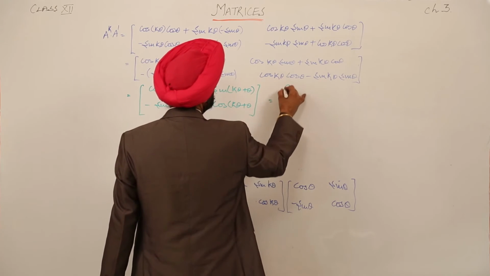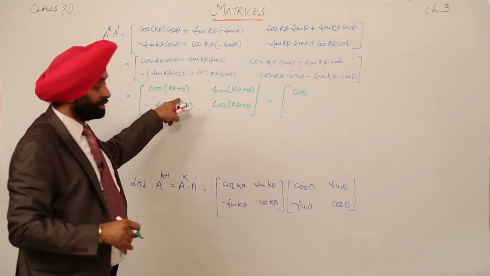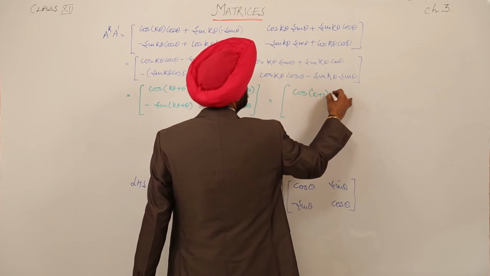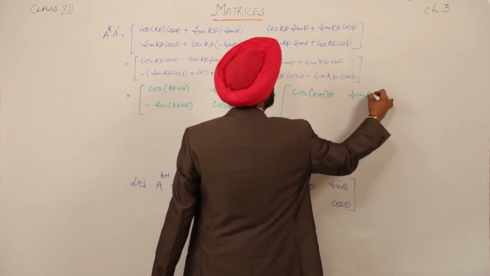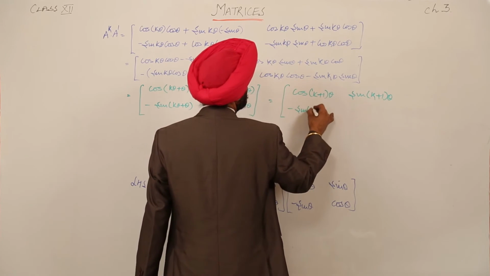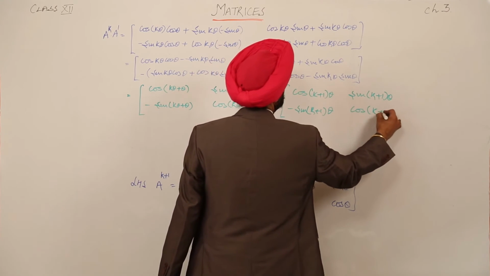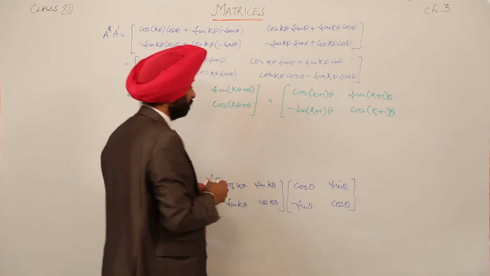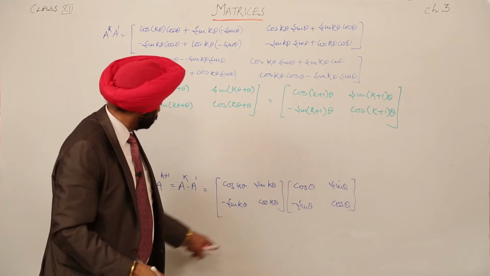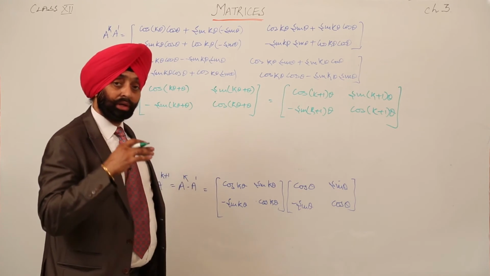Further this becomes, taking theta common, cos k plus 1 theta, sin k plus 1 theta, minus sin k plus 1 theta, cos k plus 1 theta. Okay. So now you can check it, this is equal to this part. It was for k plus 1, what we wrote earlier for right hand side.